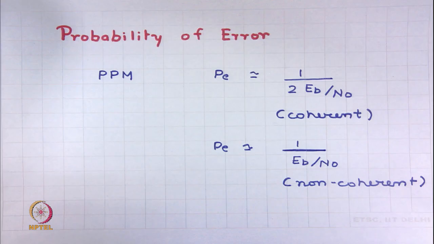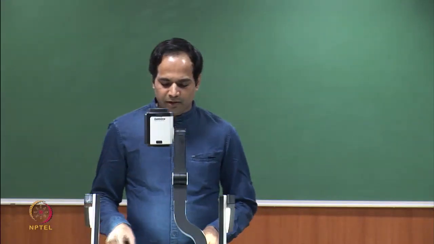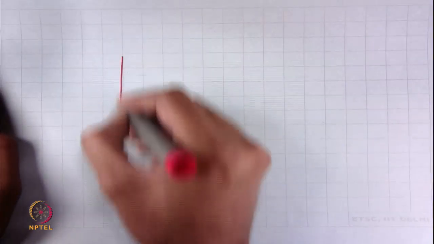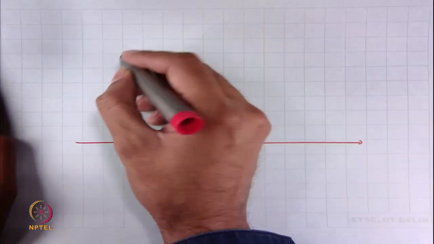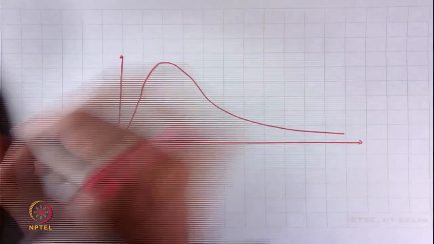Okay. So, now what we want to see is how we can reduce this probability of error, and to understand that we have to understand what is this deep fade. Okay. And before understanding this deep fade, let me draw the Rayleigh PDF, which looked something like this.